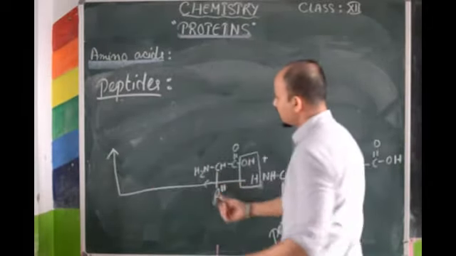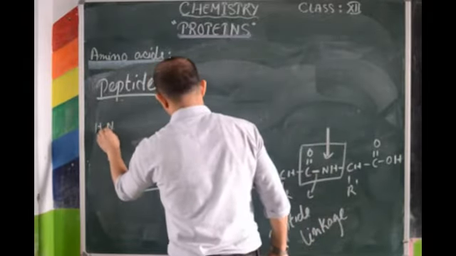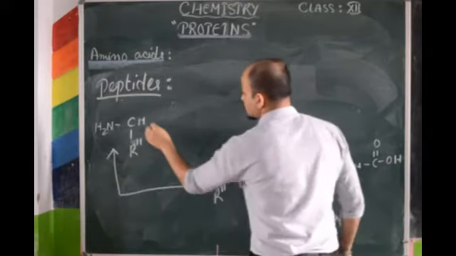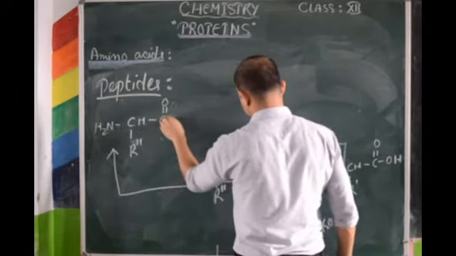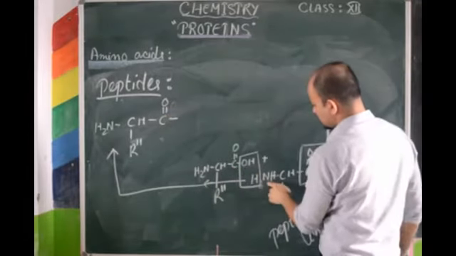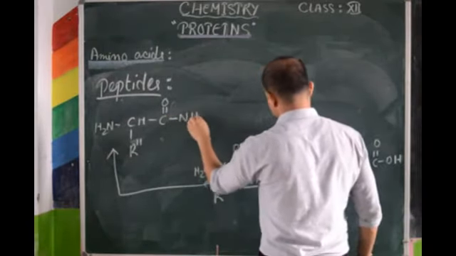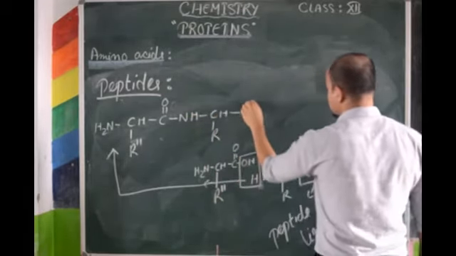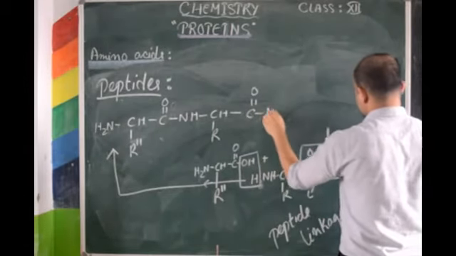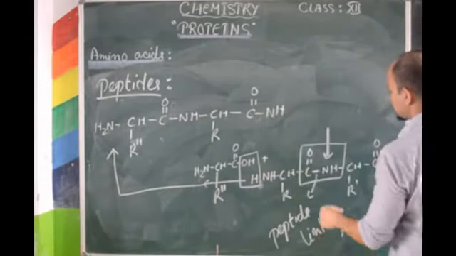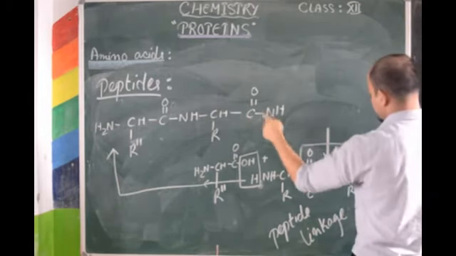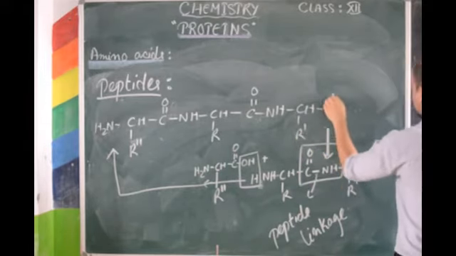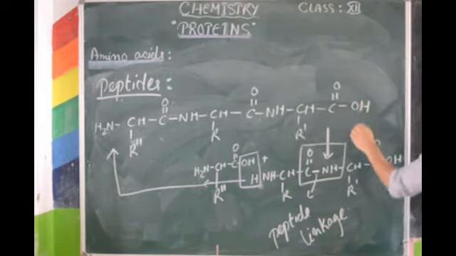You will be getting NH2 CH R single dash C double bond O. Now this C double bond O is connected with this nitrogen, NH CH R. Here you have C double bond O NH, C double bond O, NH CH R double dash C double bond O OH.